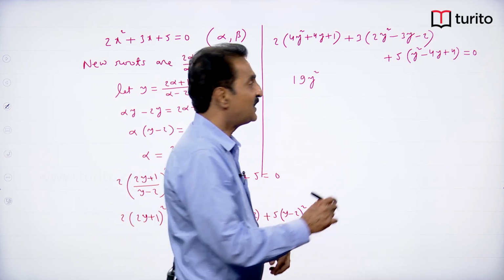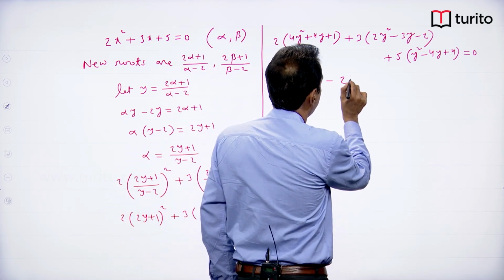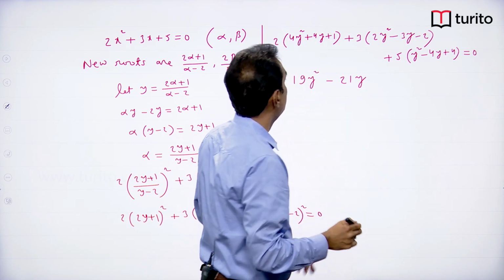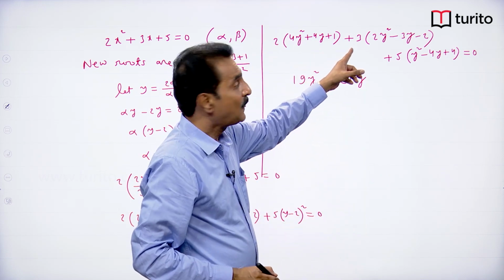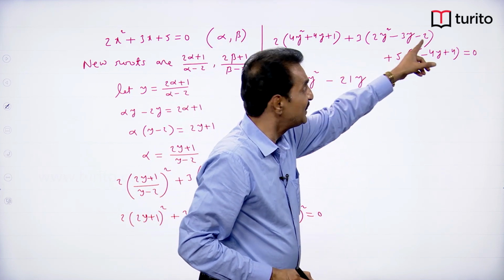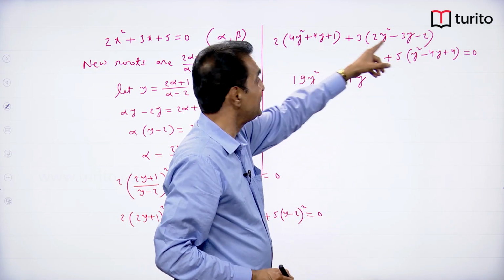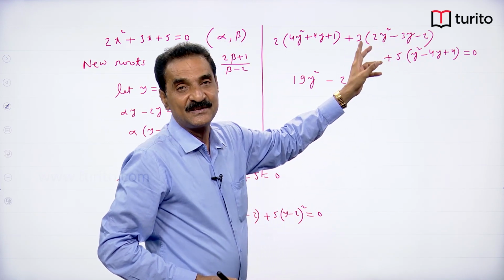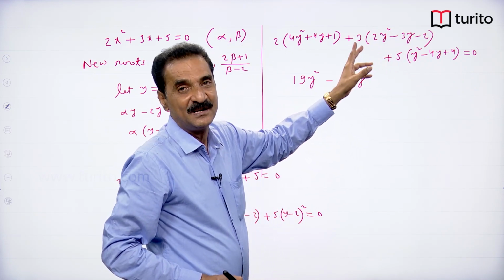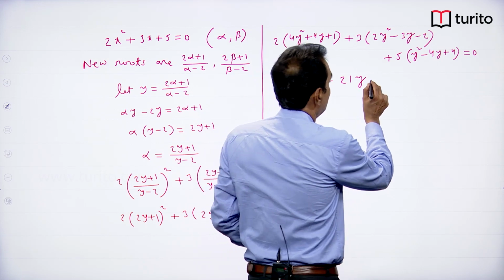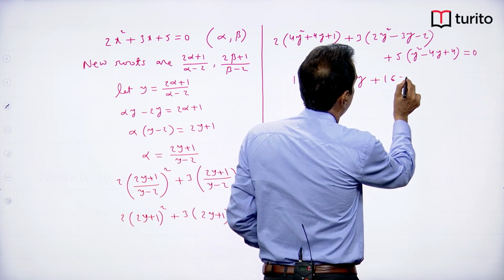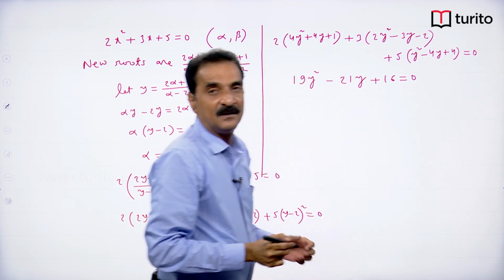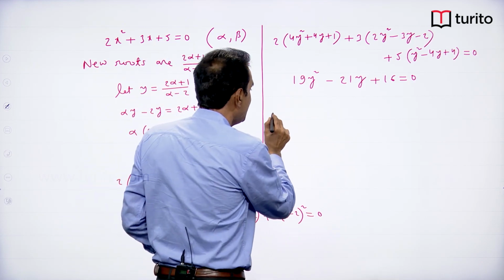So, it will be minus 21y. Now, constant: 2 into 1, 2, minus 6 here, 3 into minus 2, minus 6, 2 minus 6 plus 20. 2 minus 6 plus 20 is 16. Is it not?